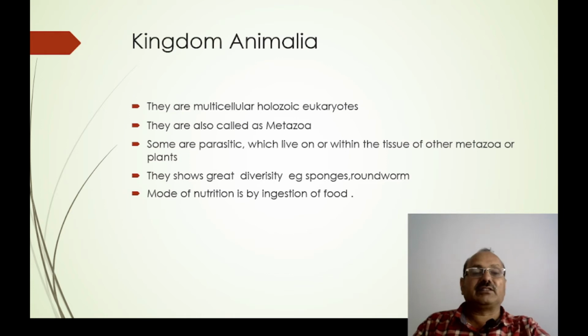For example, sponges, roundworms, etc. The mode of nutrition is by ingestion of food. All these organisms are eukaryotic and they can't prepare their own food material. But there is one animal called Euglena, which can prepare its own food materials.